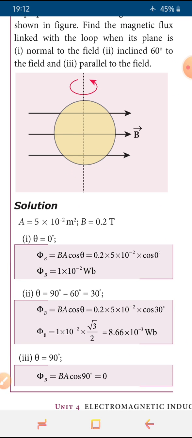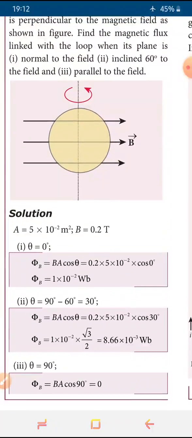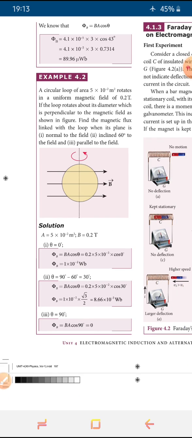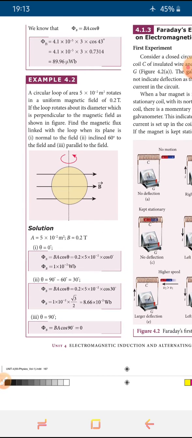Then cos 30 we substitute as square root 3 divided by 2. Solving, we get the answer 8.66 into 10 to the power minus 3 Weber. Then the last one is parallel to the field. It is parallel, so the angle is 90 degrees. Then BA cos 90 degrees becomes 0. So we got the answer for all three questions.